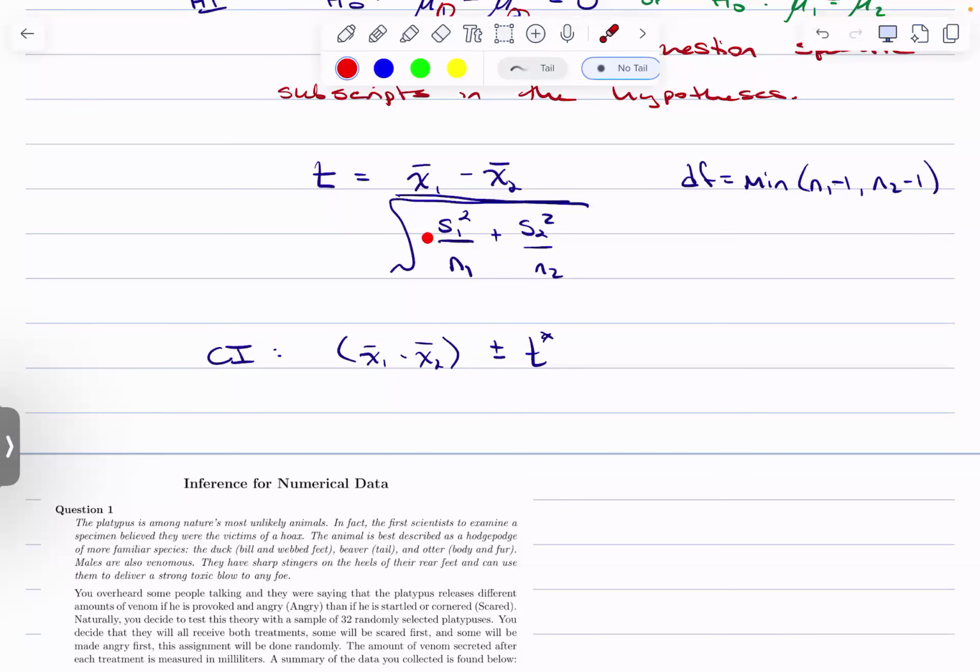Unlike the proportions, where we had a different standard error for the confidence interval versus the hypothesis test, for means questions it stays the same. Which is especially beneficial if you have to do both a confidence interval and a hypothesis test, because then you can recycle your work.